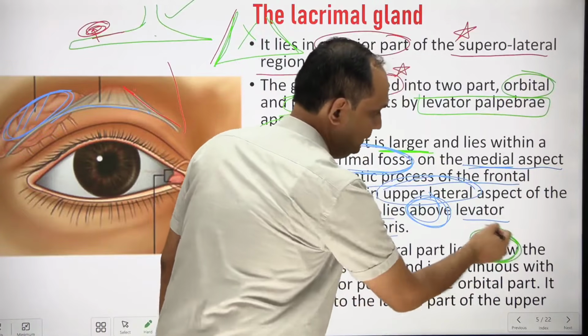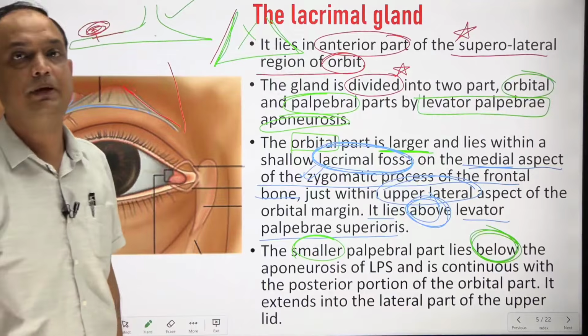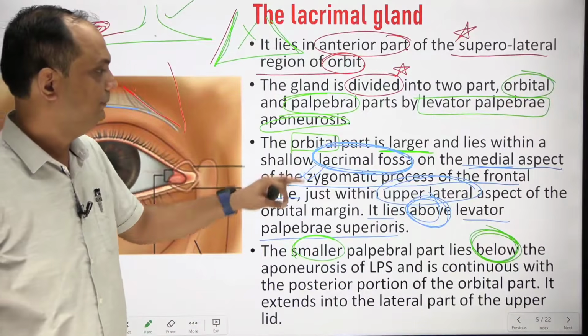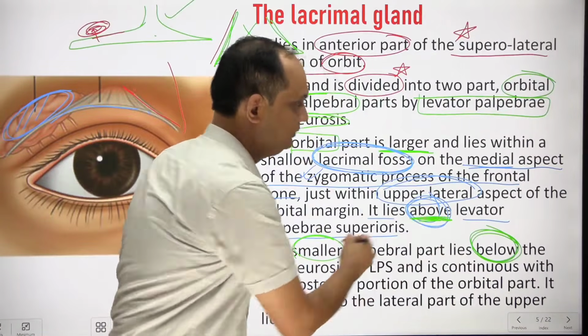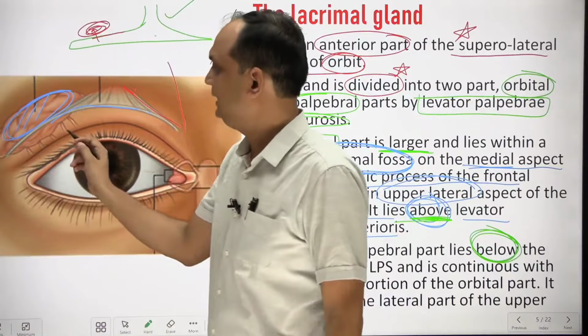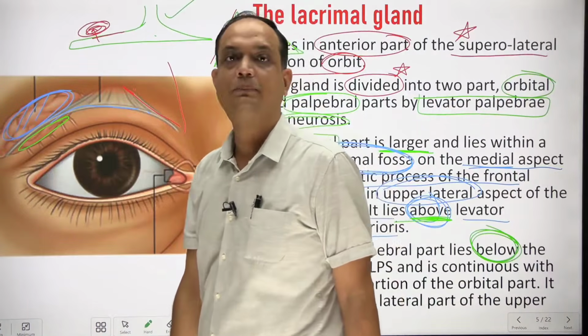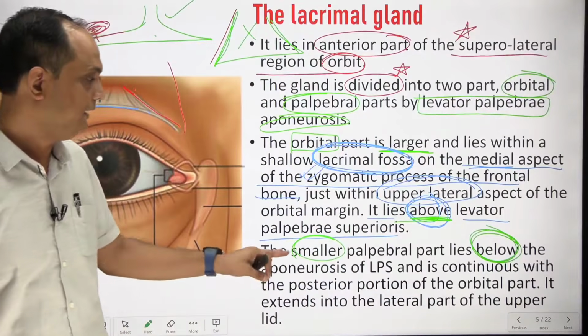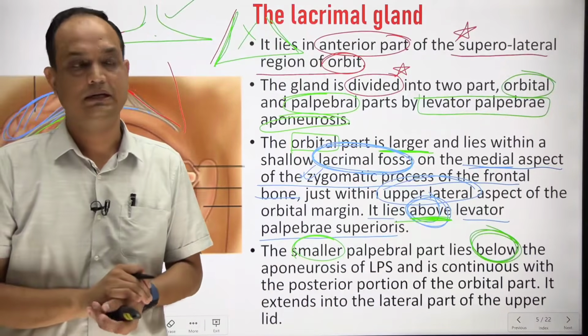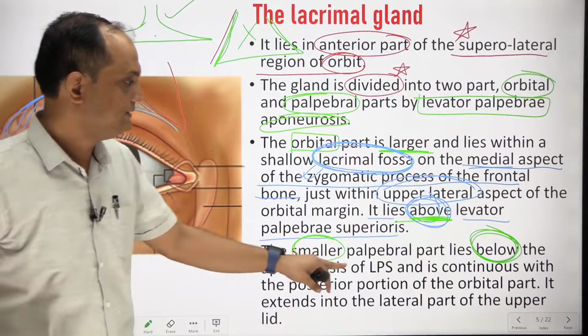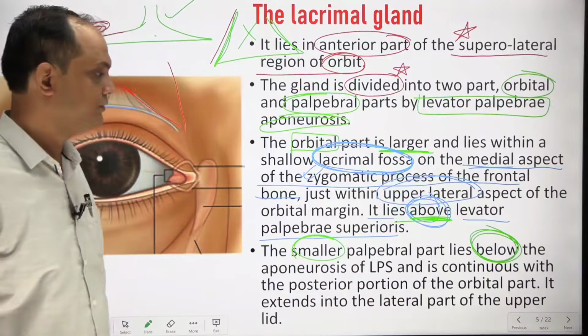It lies below the levator palpebrae aponeurosis, while orbital part कहाँ था? It lies above. Clear? So here you can see that this portion which is in the lower area is known as palpebral part of lacrimal gland. Clear? And it is continuous with the posterior part.